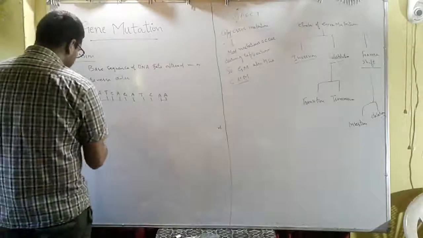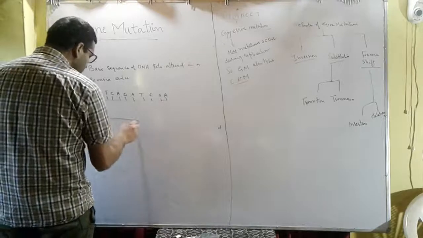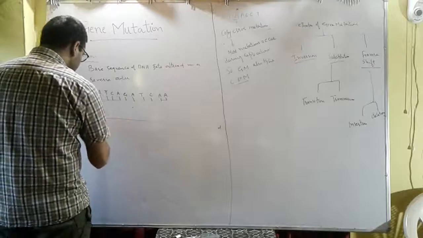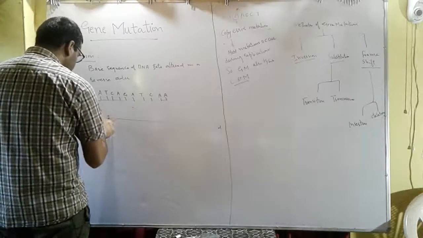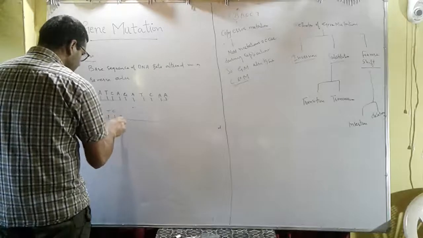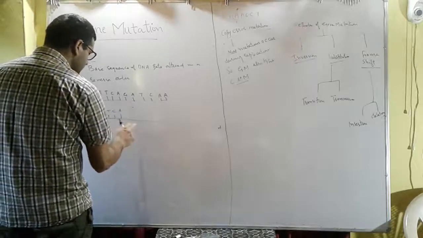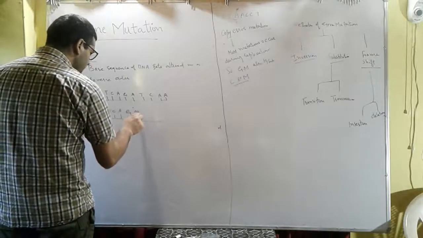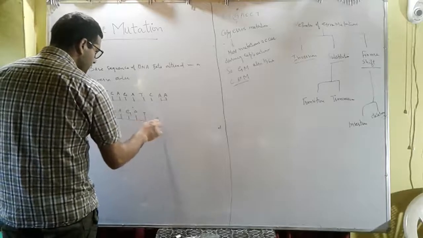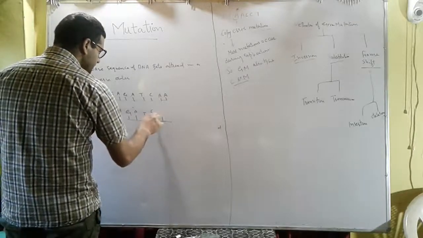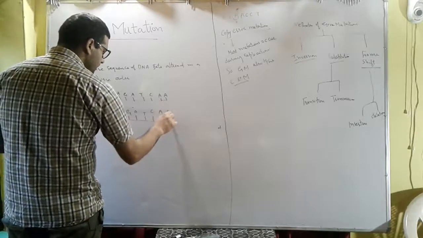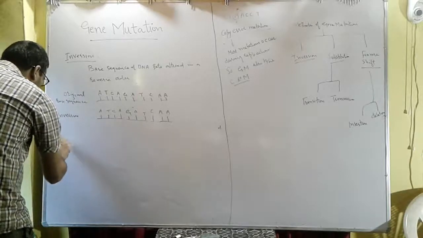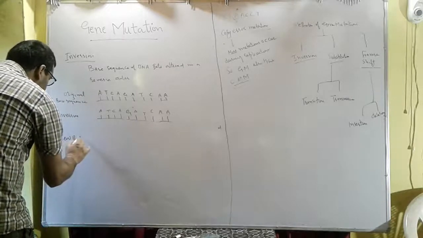What will happen? The base sequence of DNA will get reversed. So we have A, T, C, A, G, A, T, C, A. This is now the new base sequence.